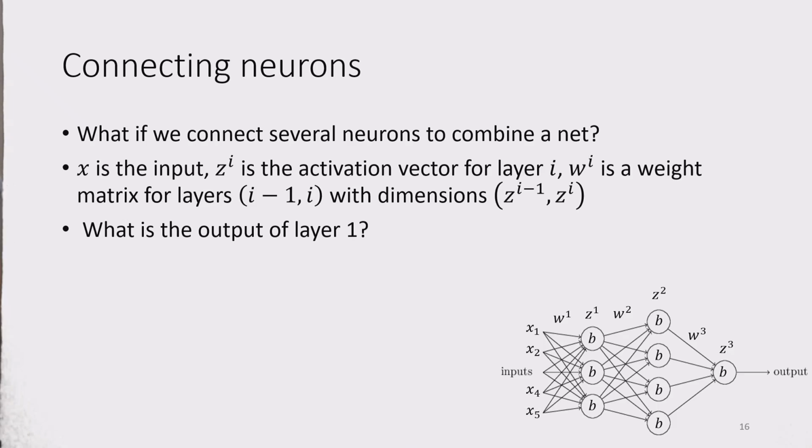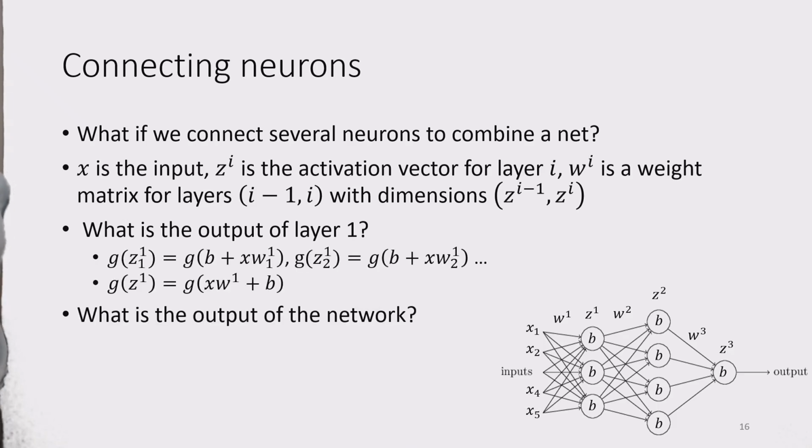What is the output of layer 1? Well, the output of layer 1 is the linear combination of x and w1, but now when this is pushed through the activation function. It can be sigmoid, it can be something else, but as long as it's a non-linear activation function.